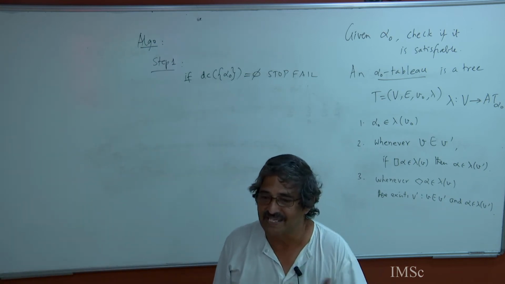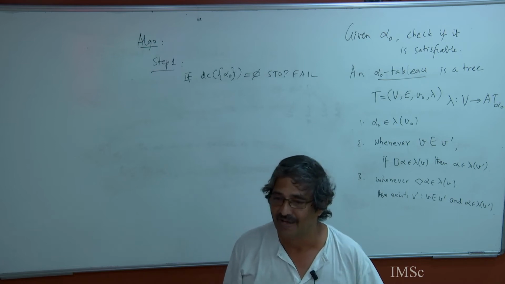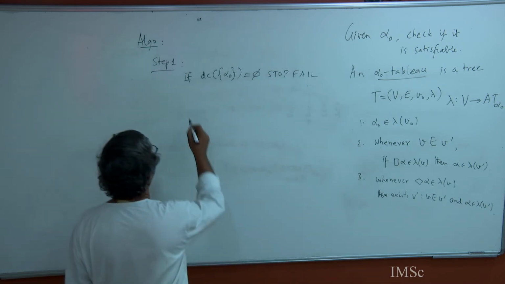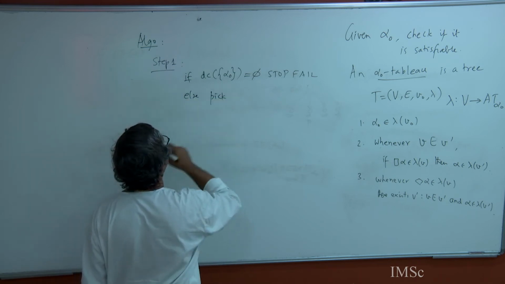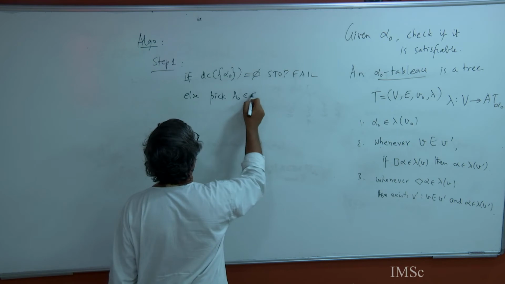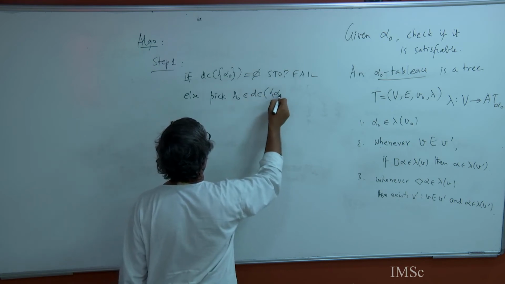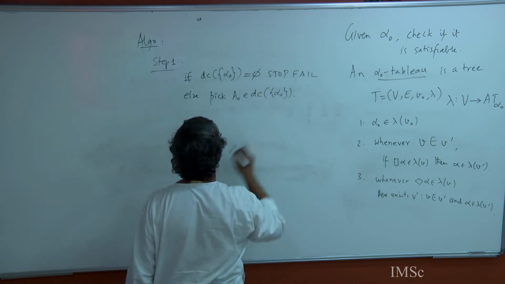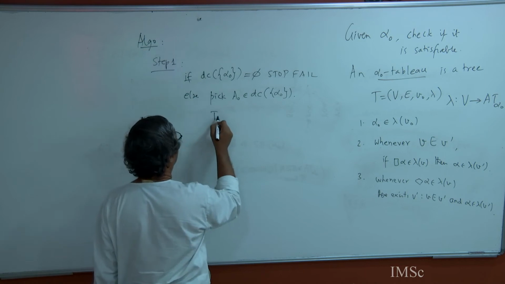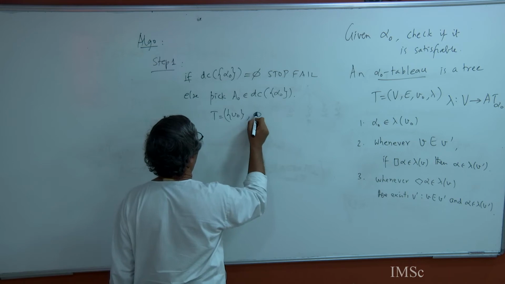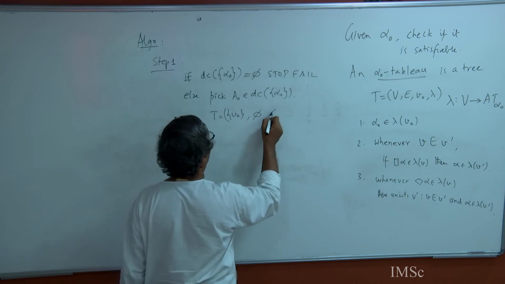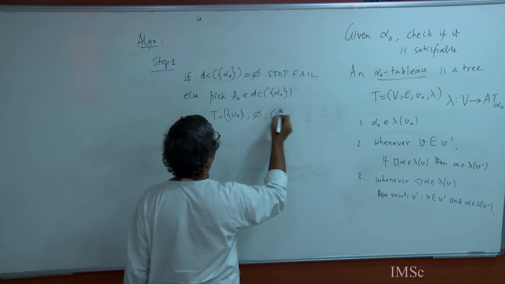If it has a propositional contradiction, I can go home, right? Else, pick A0 belonging to the downclosure, and define T equals the singleton V naught, and the label for V naught is A0.